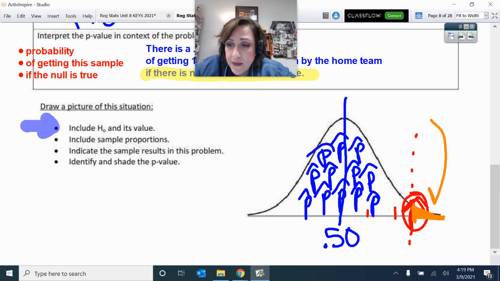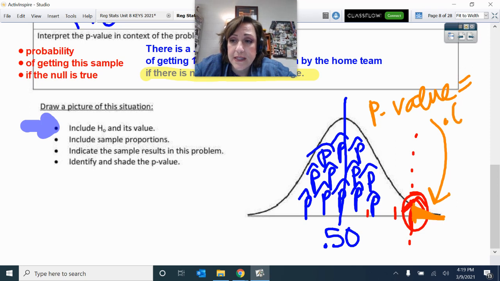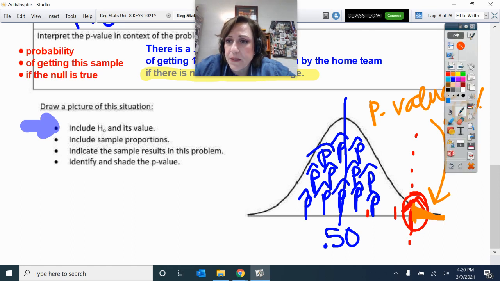So I need to come down here and say that is the p-value, which equals 0.62%, very small chance. I'm going to make this better because you can hardly see my sample. There are my sample results. So that is what this idea of p-value is.